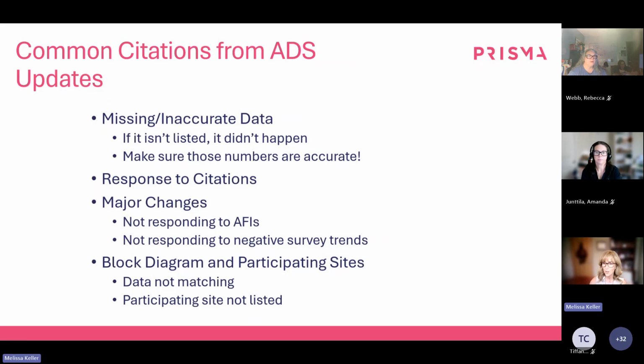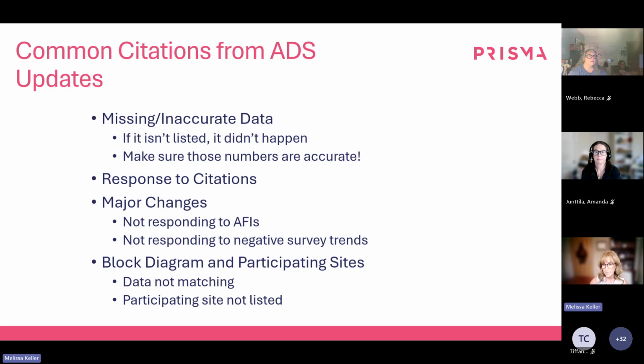Another area where you will keep a citation instead of getting a new one is if your responses to citations aren't strong. They have a whole section in their ADS update talking about response to citations and what they're looking for. So let's say your block schedule last year didn't have a required rotation on it. It didn't show you had pediatric emergency medicine.